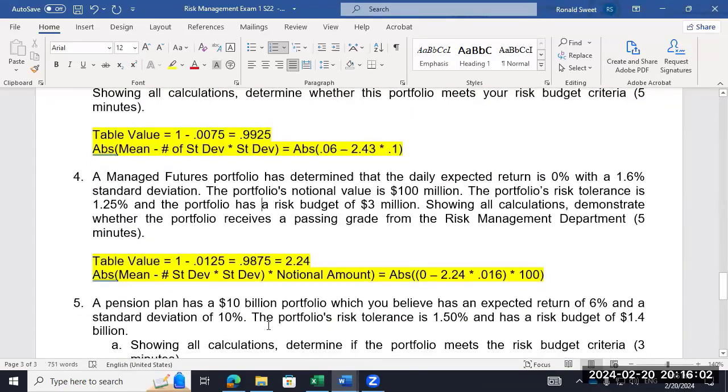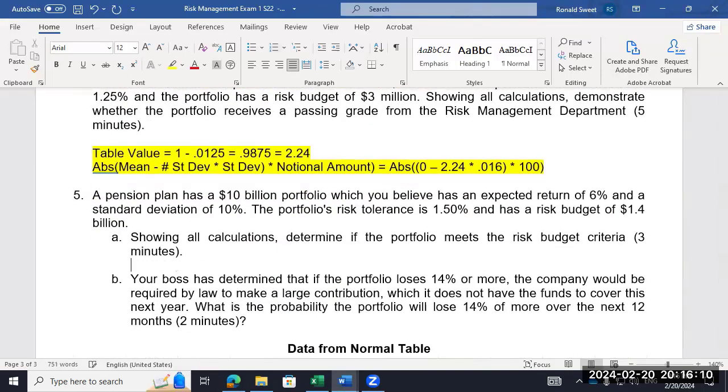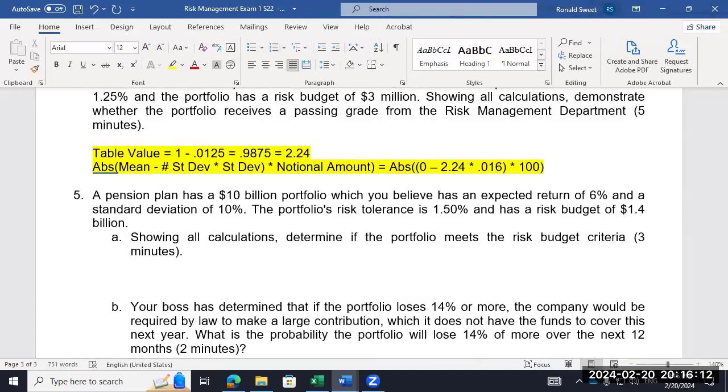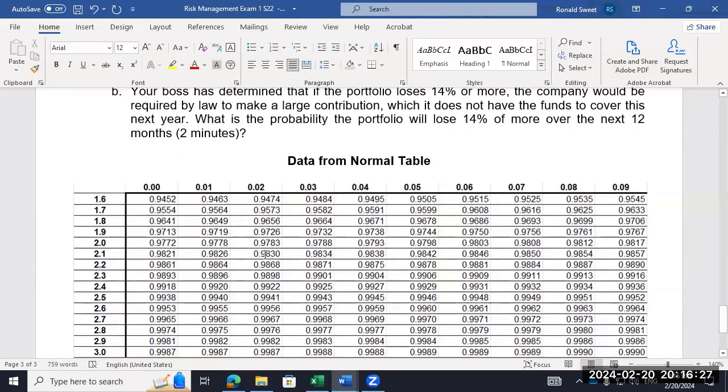Are you struggling with any of those? And the next question, the same formula again. Right? I'm not giving you anything new here. So what's the table value here? 1 minus 0.015, is that right? 0.985. Is 0.985 in the table? 2.17.